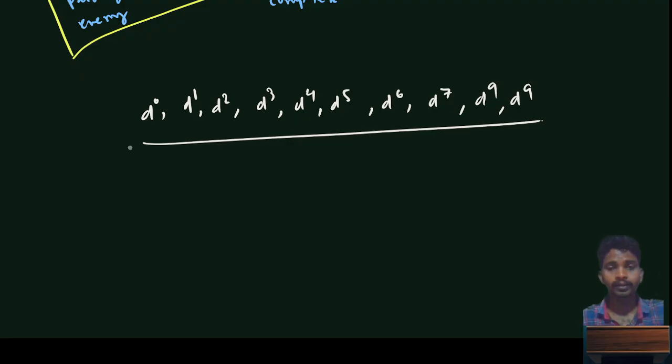These types of configurations may be present in the metal ions. For d0, d1, d2, d3, for the octahedral case, there is no chance to check whether it's high spin or low spin.